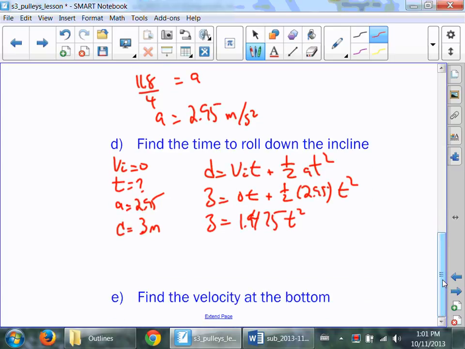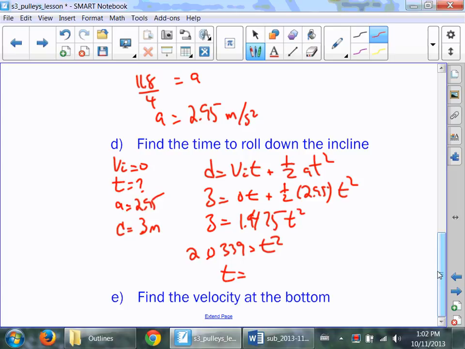And if we take 3 and divide it by that, we're going to get 2.0339 equals T squared.